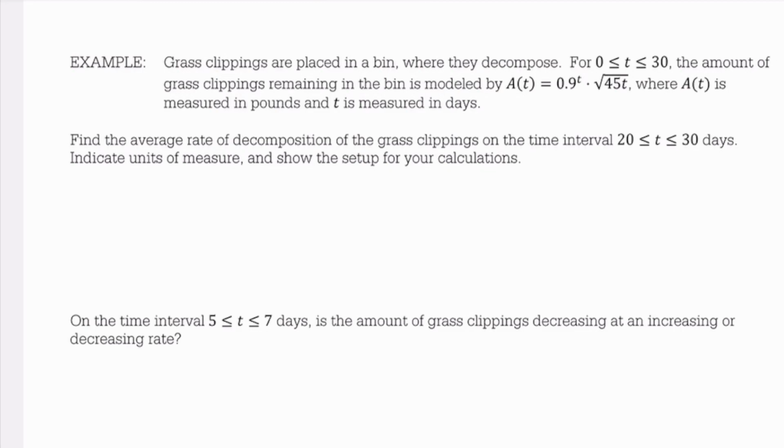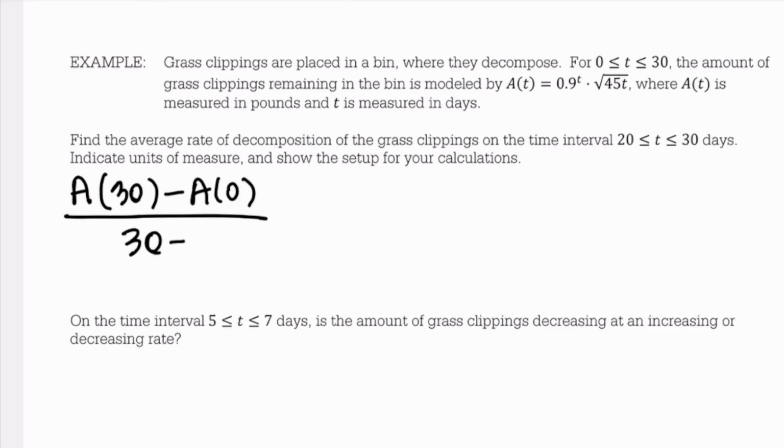I'll tell you what I'm doing, but for this one I'm definitely not going to be showing you the calculator. What I'm going to do is take A of 30 minus A of 0 divided by 30 minus 0, with A of t plugged into y1, and compute that with a calculator like I have many times before.